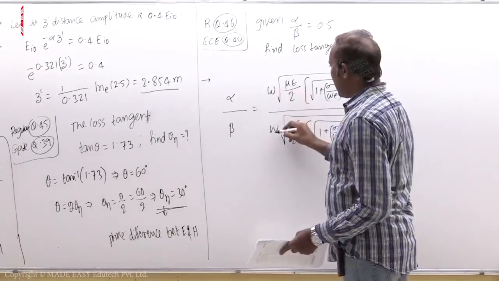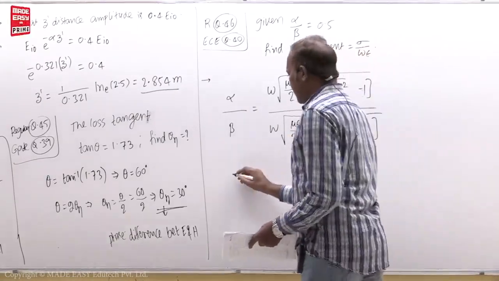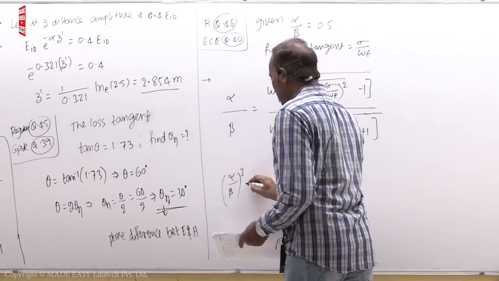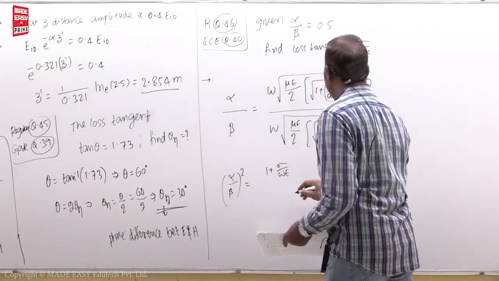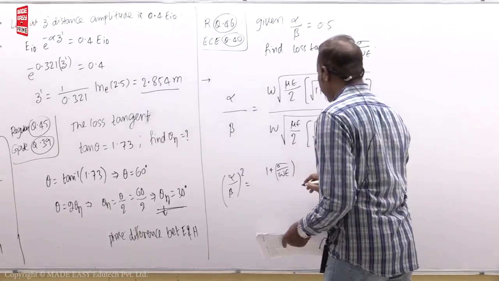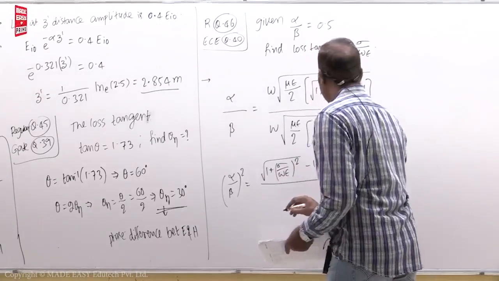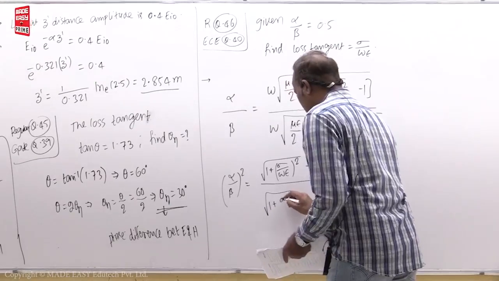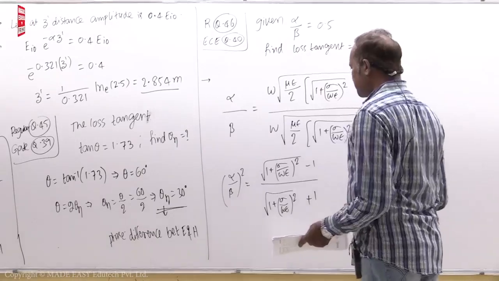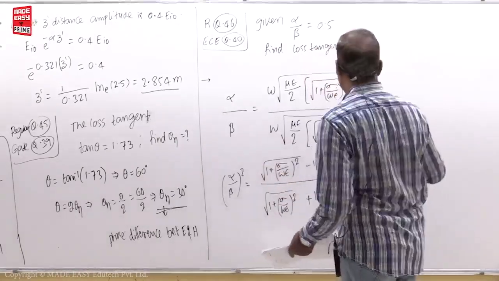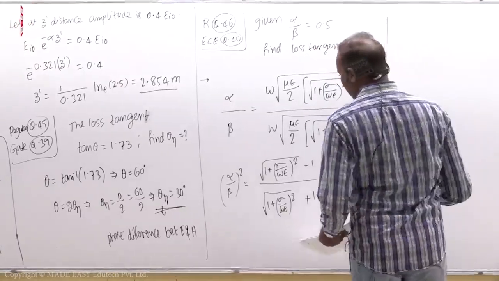Ultimately mu epsilon by 2 cancels. Then I take alpha by beta whole square, which is equal to root of 1 plus sigma by omega epsilon whole square minus 1, divided by root of 1 plus sigma by omega epsilon whole square plus 1.